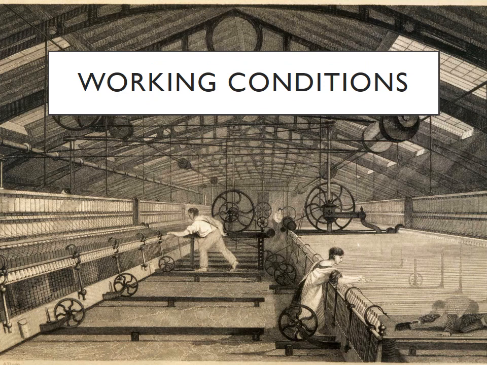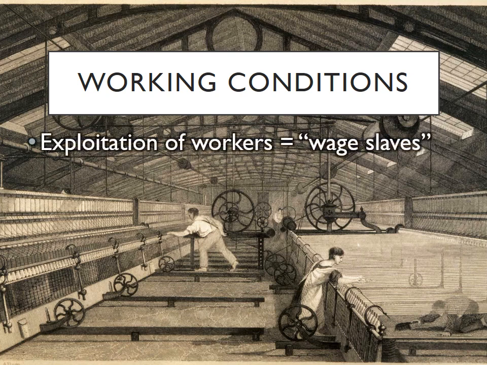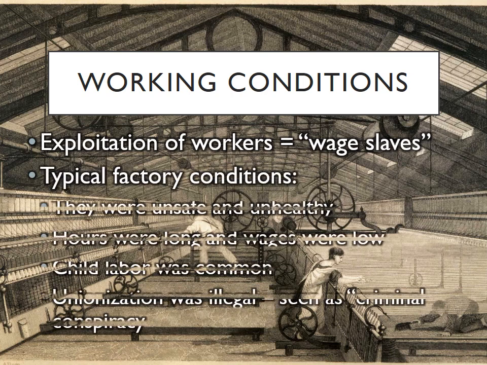The working conditions at this time were pretty intense. Workers were sometimes referred to as wage slaves because they were exploited by those that were running the machines or running the factories. You worked for very, very little money, very long hours. The conditions were pretty harsh.